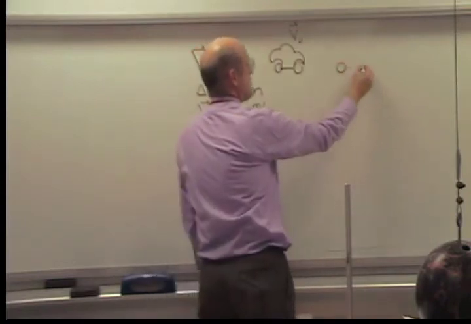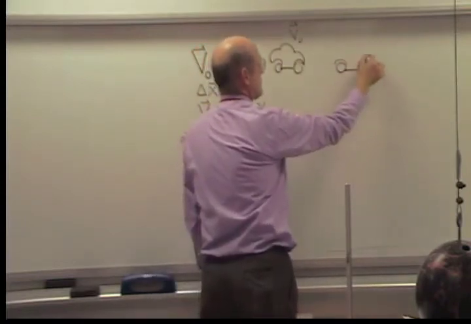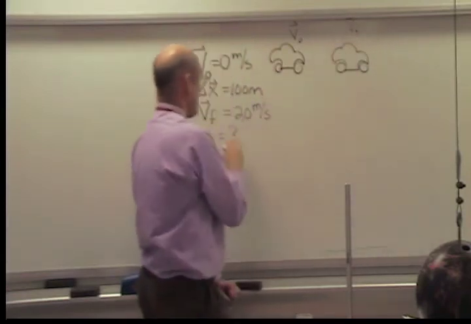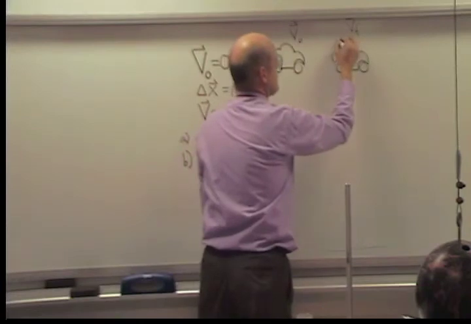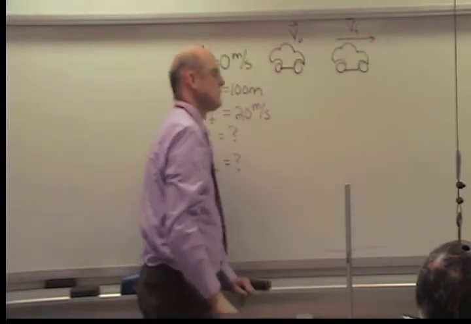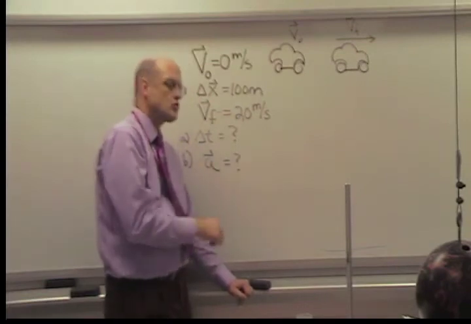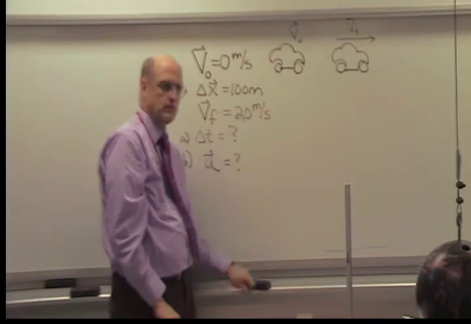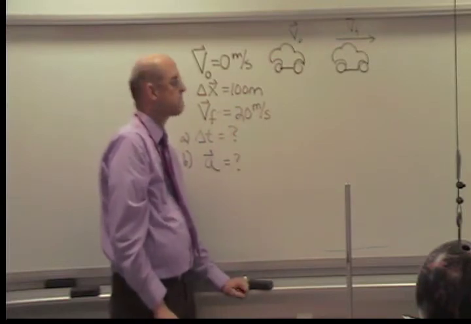Here it is at the end of the story with a final velocity given as 20 meters per second. And I'm going to draw an arrow here pointing to the right where the length of the arrow is supposed to be proportional to the magnitude of the final velocity, which is 20 meters per second to the right. So there we go.